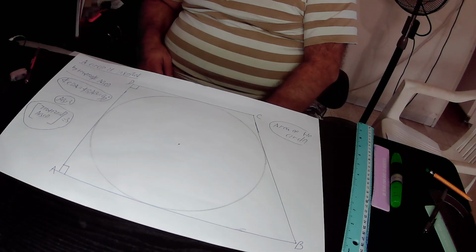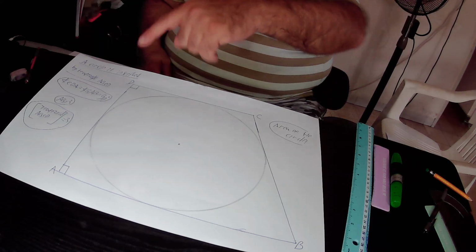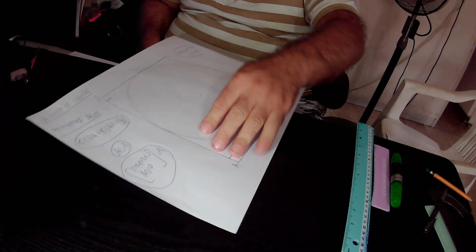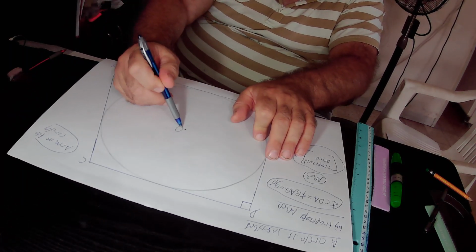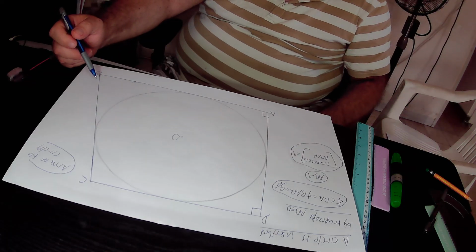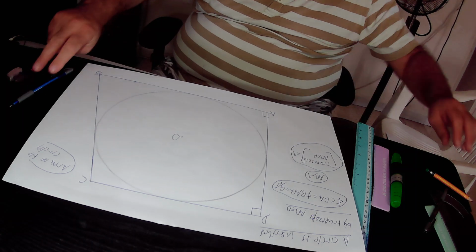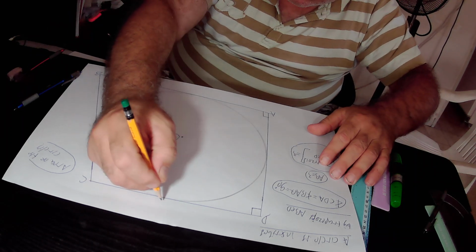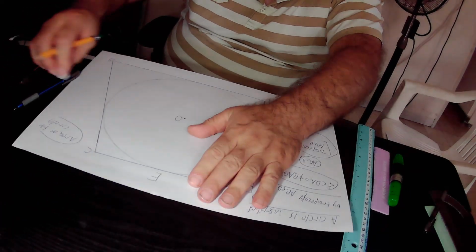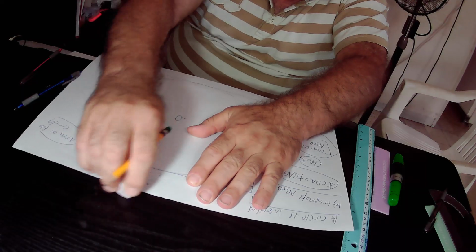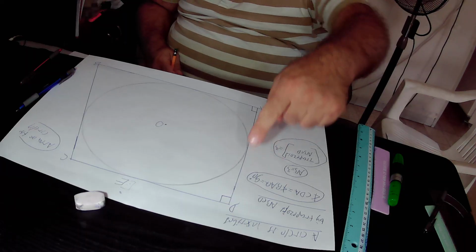So first of all, we define the relevant points to this question with letters. We define the center of this circle. This point is point O. Likewise, we define the point of tangency of tangent DC with this circle. This point is point E. We define the point of tangency of tangent DA with this circle.